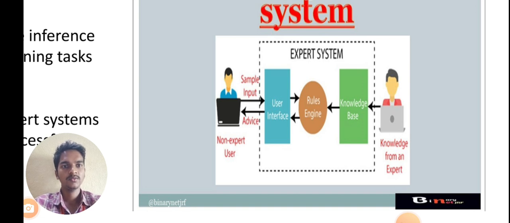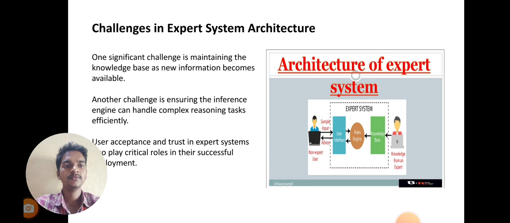A sample input and the advisor are given to the non-expert user. The sample input goes to the inference and rules engine. And we have got some idea about the architecture of expert system from the diagram.